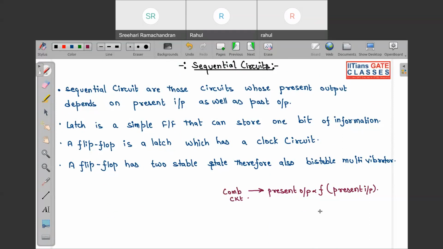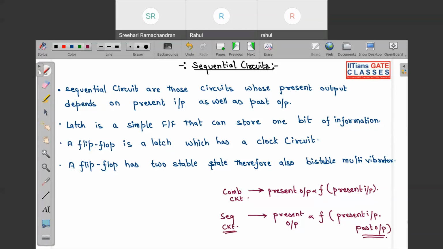Now in a sequential circuit, what happens? Your present output is a function of present input as well as past output. So this is your sequential circuit. Whenever we require past output, we require something to store the past output.